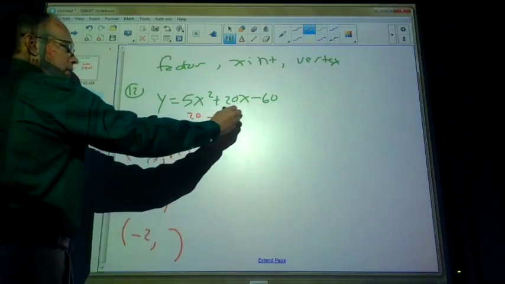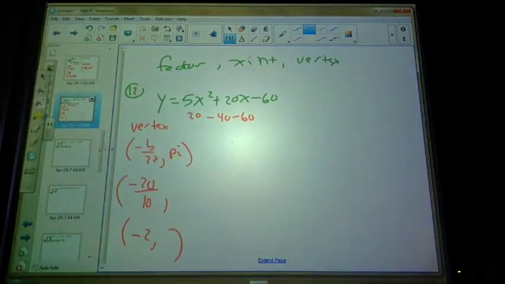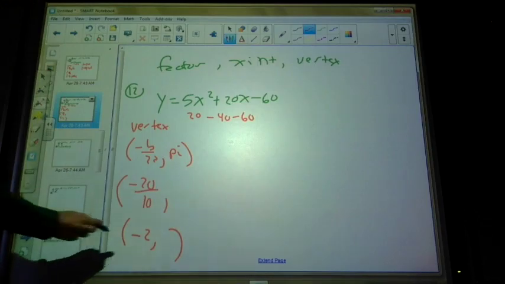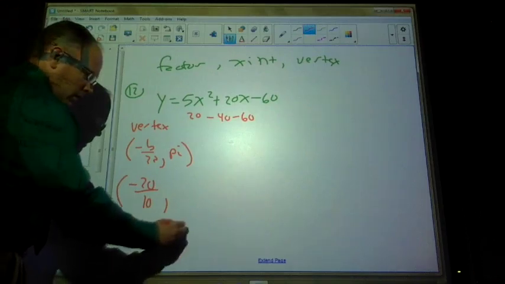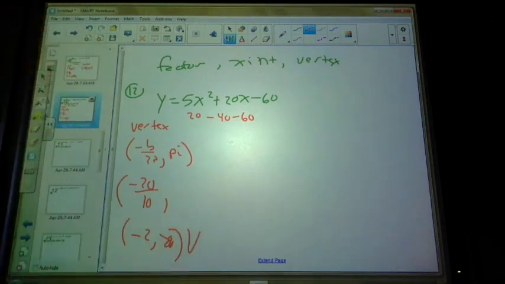Minus 40, minus 60. Is that okay? Did I do that right? 20 minus 40 minus 60. Is that negative 80? Yeah, it is. So there's my vertex.